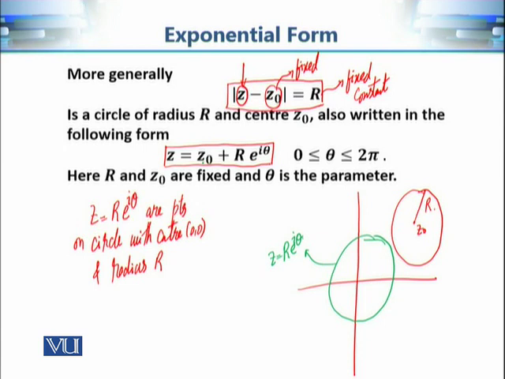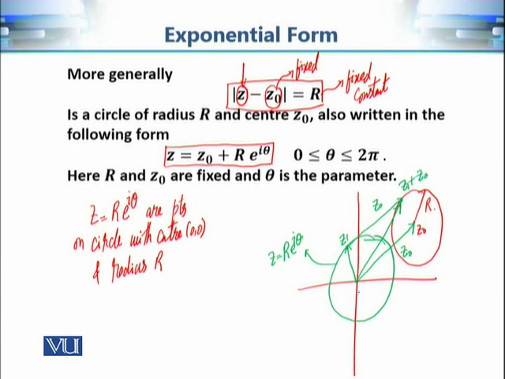Now if we add z0 to all these complex numbers, in the vector form we can say that if we have this complex number on this circle, let's say Z1, this is the vector. Now we are adding the Z0 vector, and this is the Z0 vector in parallel, and hence we are getting this new point which is Z1 plus Z0.